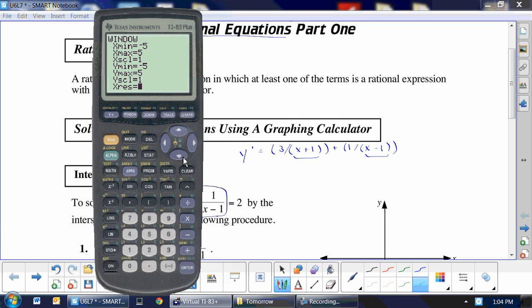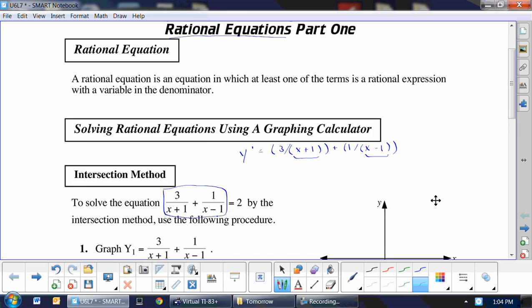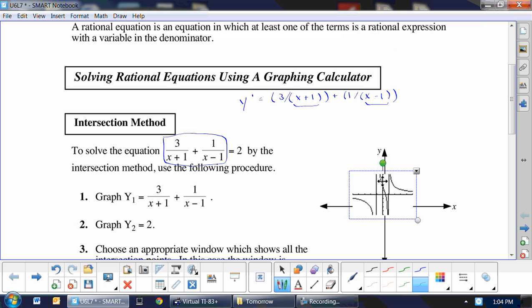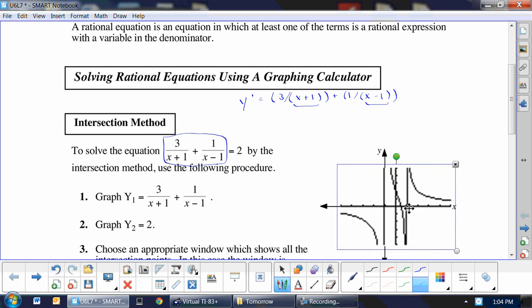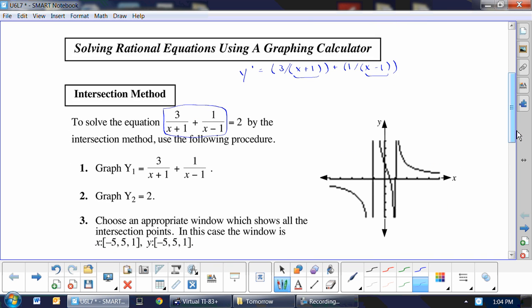So your x and y minimum are both -5, because I want to be zoomed in a little bit. And so you can draw a little picture like I am, just like that.